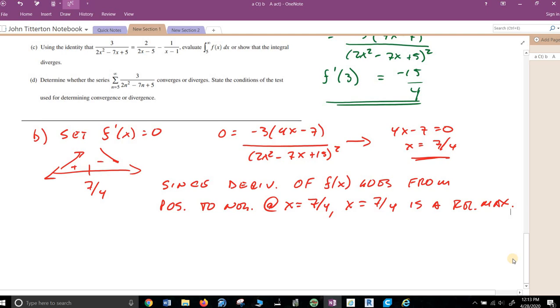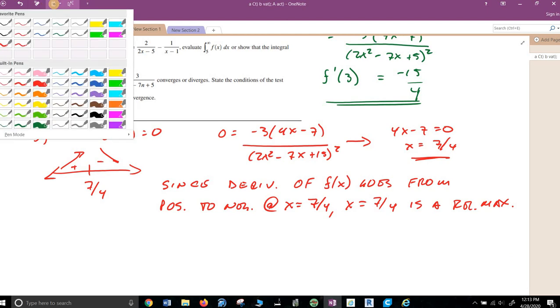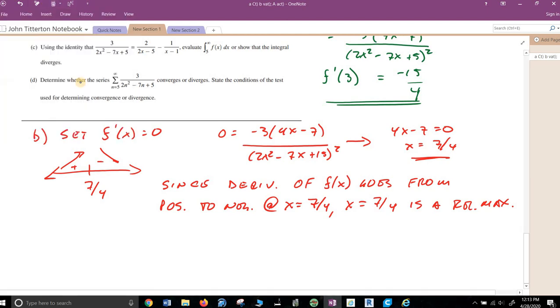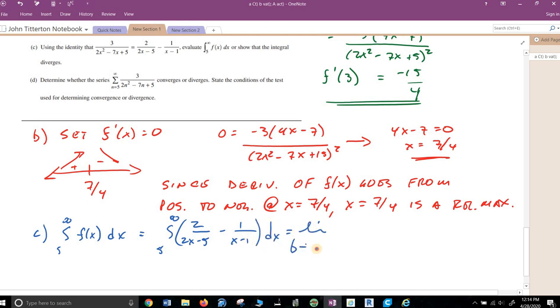Now, partial fractions integration, they do it for us, but they give us this little nonsense with the 5 to infinity, which is kind of a hassle. So I will be lazy, that's funny, lazy. Integral from 5 to infinity of f of x equals integral of 5 to infinity of 2 over 2x minus 5 minus 1 over x minus 1 equals limit as b, and you can use a or b.